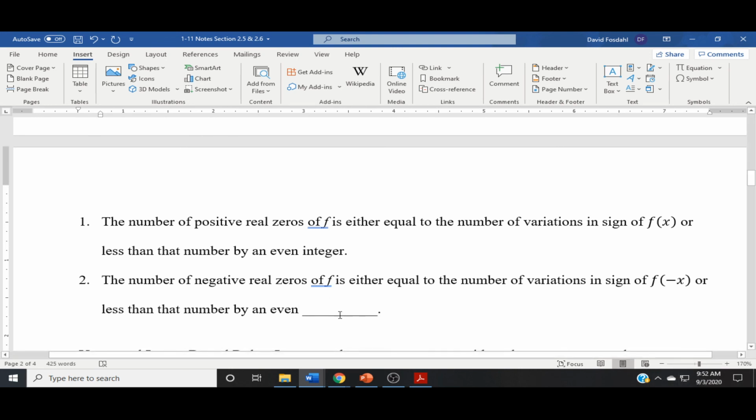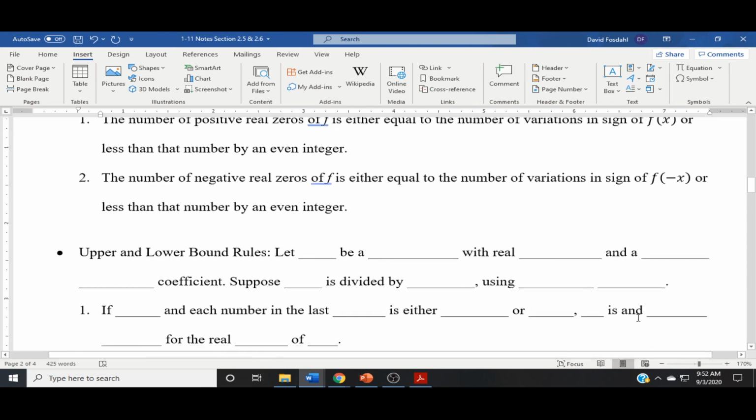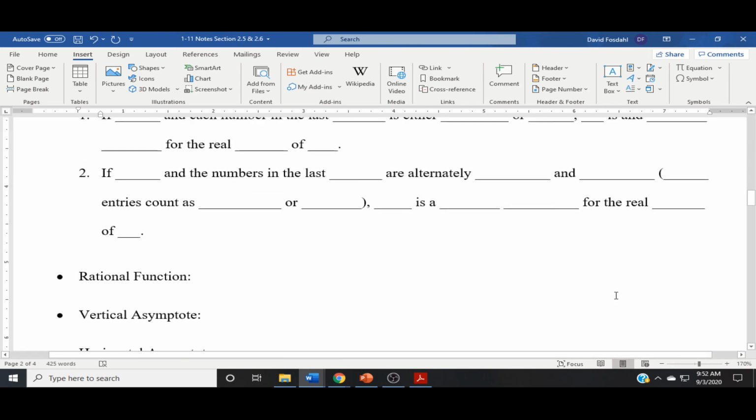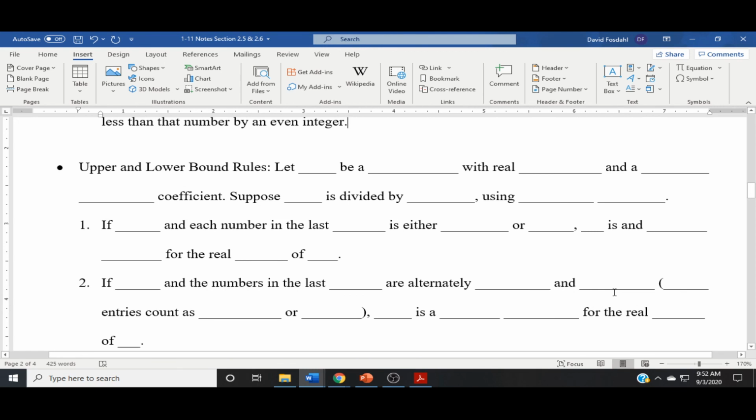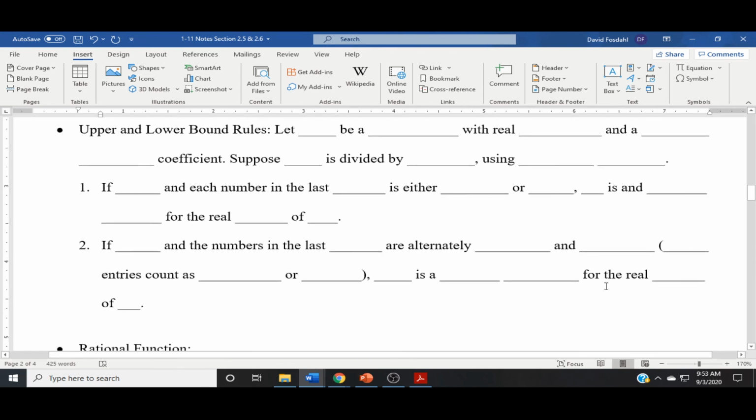Okay, so they're both by even integers. We'll talk about this in a bit, okay? Okay, upper and lower bound, this will be the last thing we do, and we'll, actually, you know what? I think we'll come back to this later.